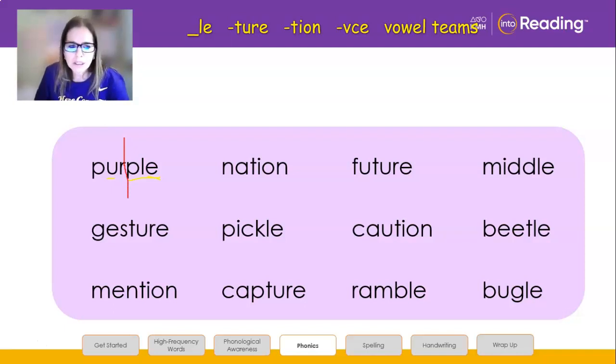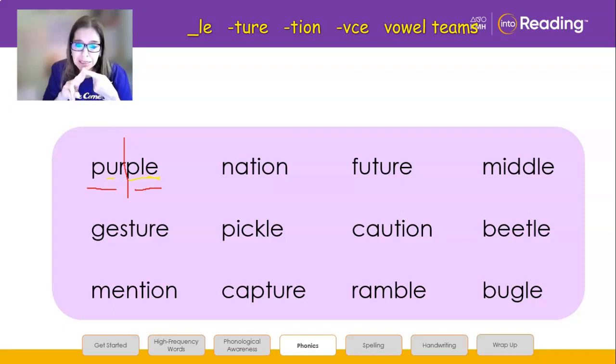Today you do not need to write these words for me, but you do need to show me exactly like I have shown on the screen. You need to decide where the dividing line goes for the syllables. And then you need to read the word. All right? So go through, use your two-syllable two-step, but think, what do you notice, what do you wonder about the vowels? All right?